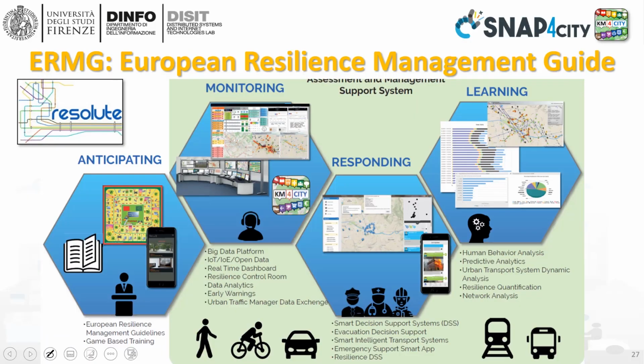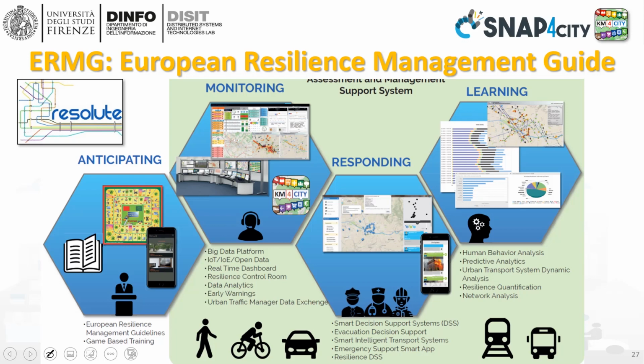The activity we performed in this context for the early warning was focused on creating the European Resilience Management Guidelines that are available for everybody in open source, and to create an operative manner of managing this information flow for anticipating, monitoring, responding, and learning about any kind of disaster, natural disaster, or, let's say, human-created disaster like terrorist attack and so on.